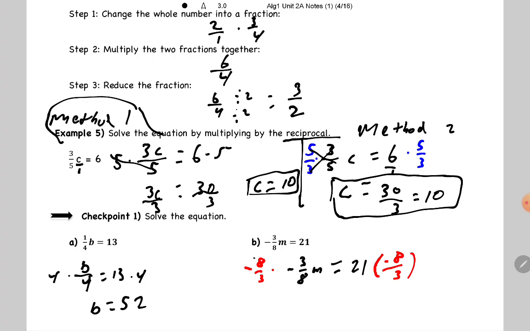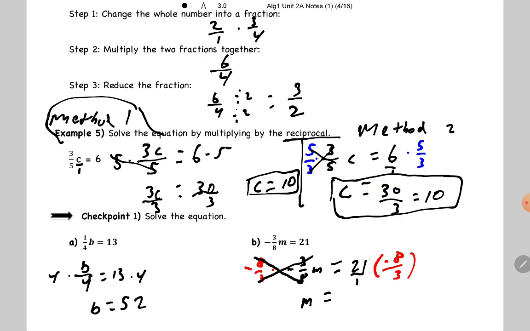Okay, the left side will cancel, because 8 divided by 8 and 3 divided by 3 is 1. And then negative times a negative is a positive. So m equals, okay, so this is 21 over 1. Remember, back in the fraction days, you can multiply it straight across the top and then divide by 3. You can do it that way.